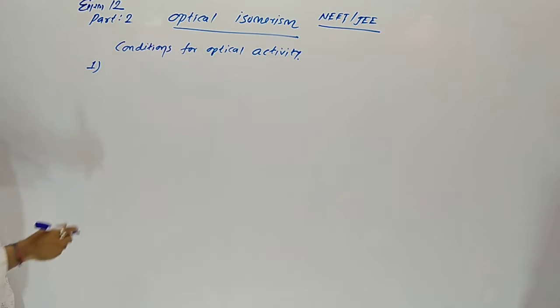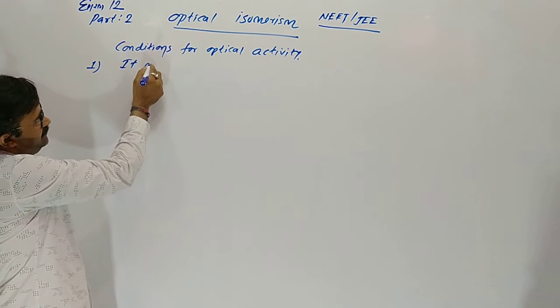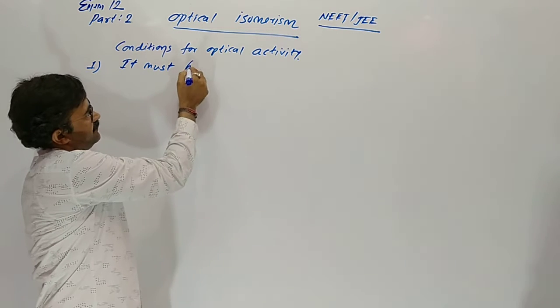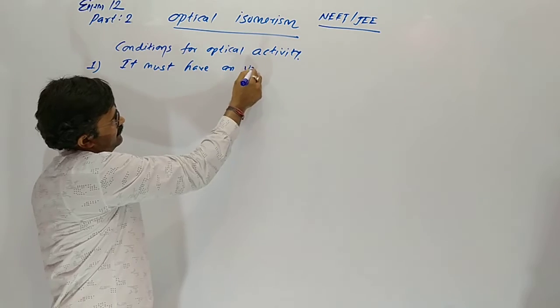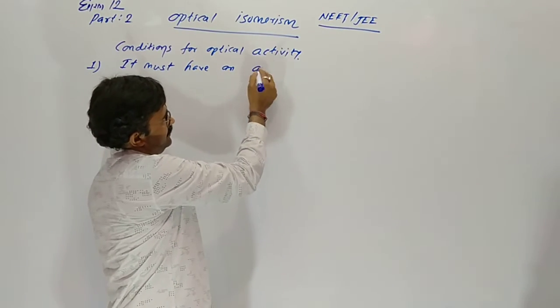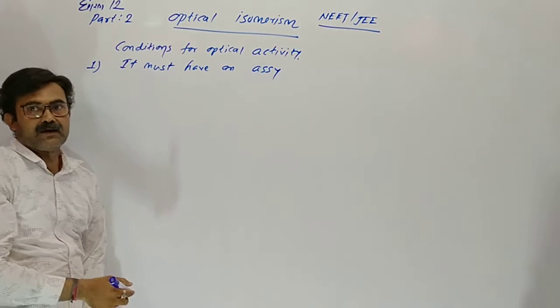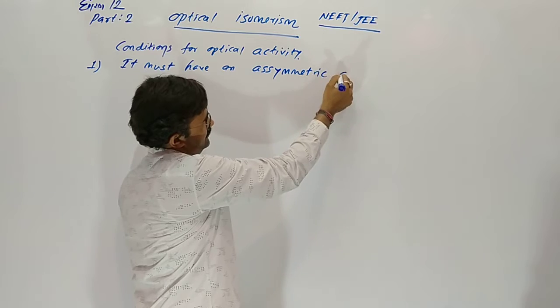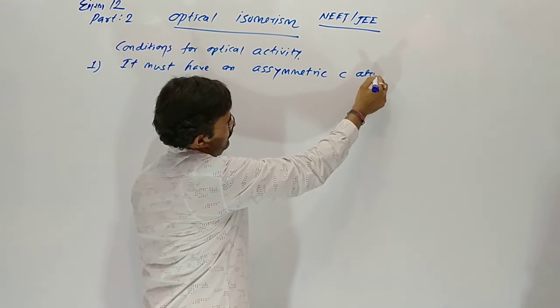The first condition for optical isomerism is that it must have an asymmetric carbon atom.